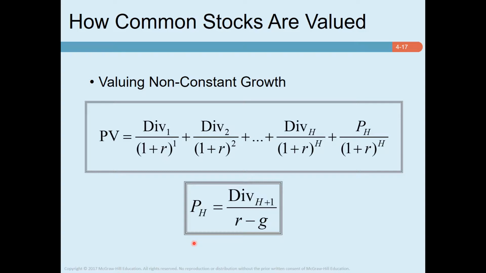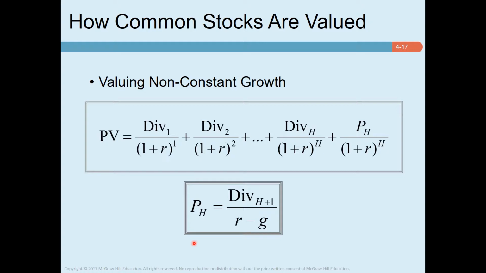So this is valuing non-constant growth. So far we have seen that a stock is paying dividend for a certain number of years, and we expect to sell the stock at the end of that period, and we find out the present value of dividends and price. Now, what if we expect to hold a stock for an indefinite period?